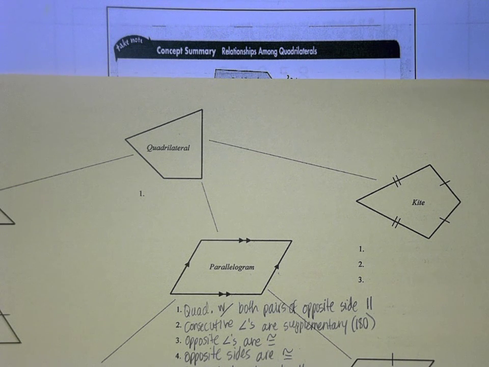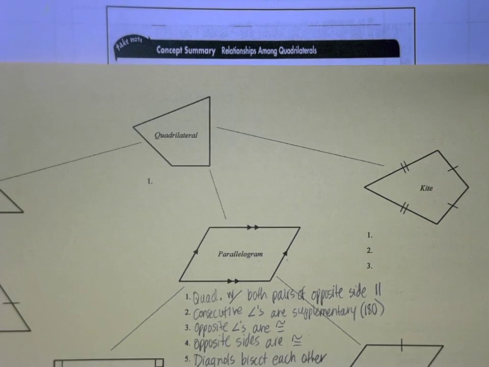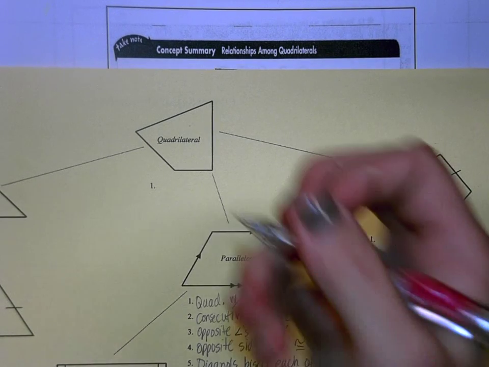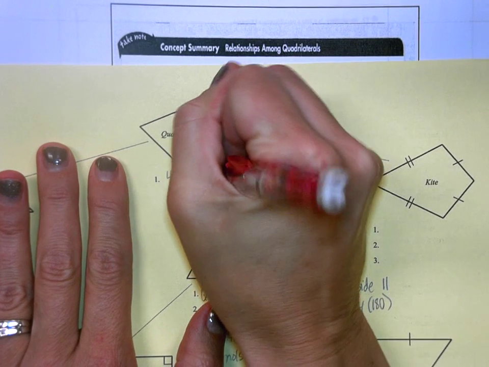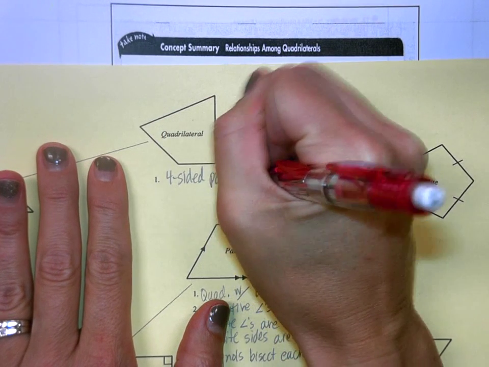Okay, so hopefully everybody has theirs. The first one, on the quadrilateral, any quadrilateral, what you should have written there is just that it has 4 sides. It's a 4-sided polygon. And that's what we've been looking at with all of these.